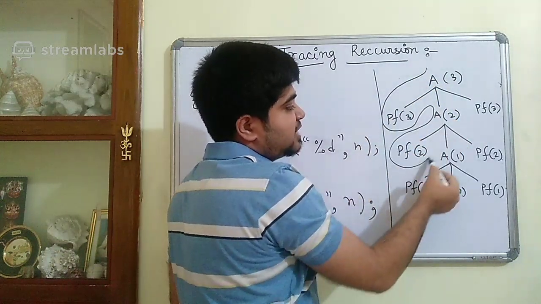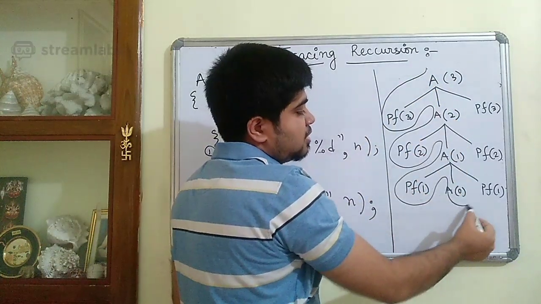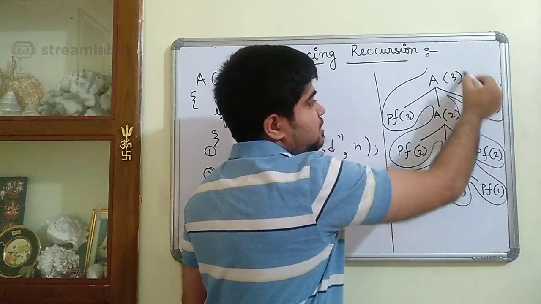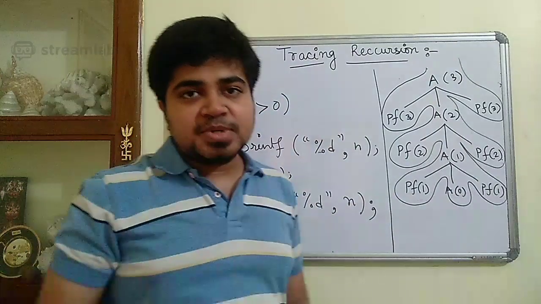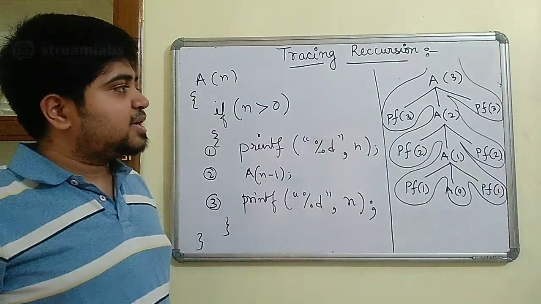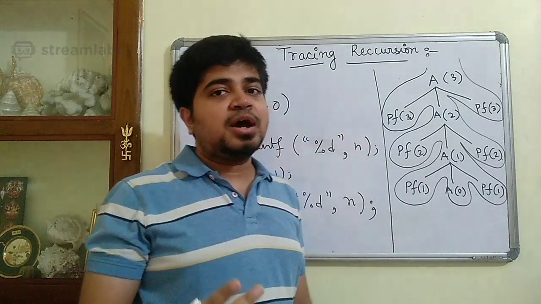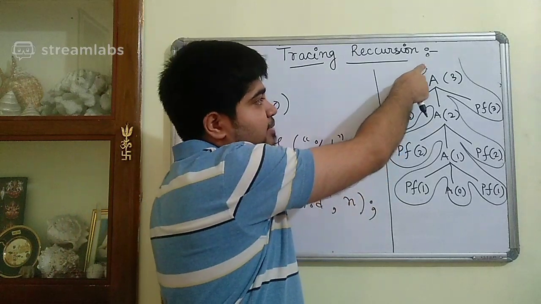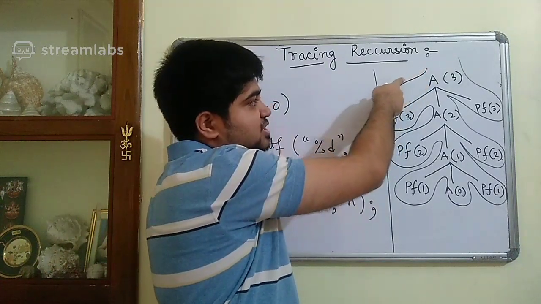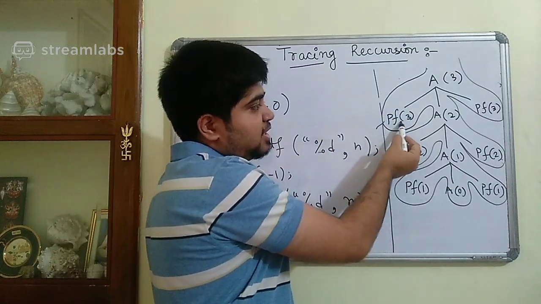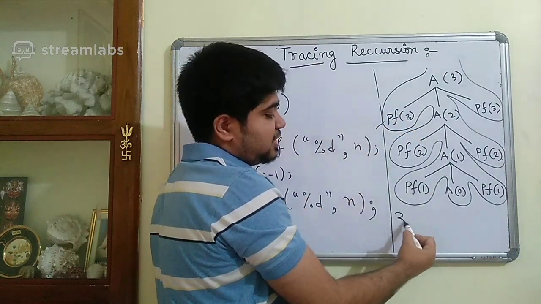Check, I'm tracing out, right? So it's like a Christmas tree for this very calling. Now whatever you encounter first, you do it. So I'm going through this very path, and I've encountered a printf, right? So what do I print? 3.